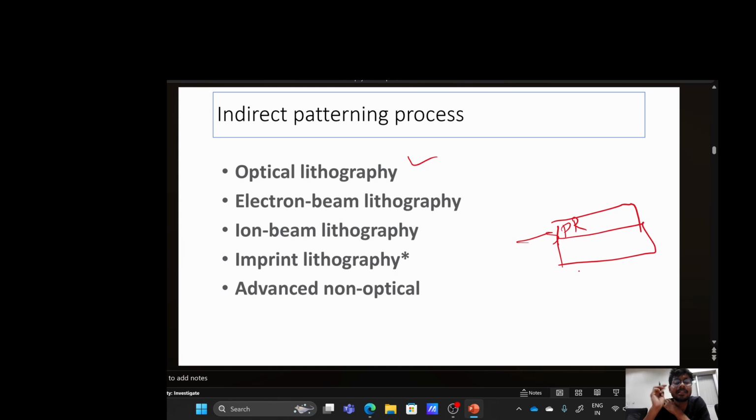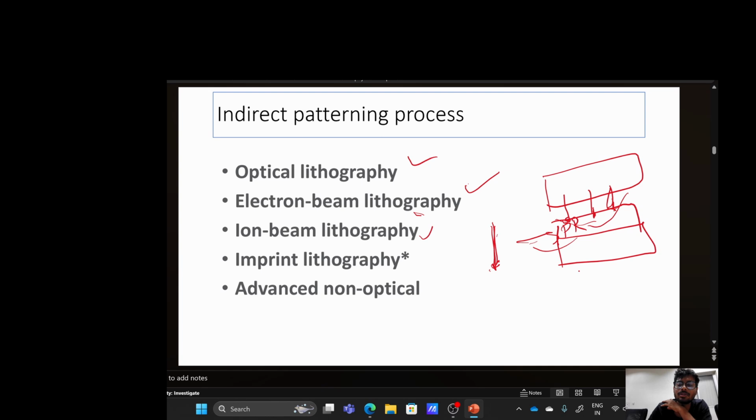In optical lithography, a lamp is used, and the light is passed through a mask. In electron beam lithography, a beam of electrons is directed right onto this photoresist, and it is removed particularly from the area where the electron beam is falling.